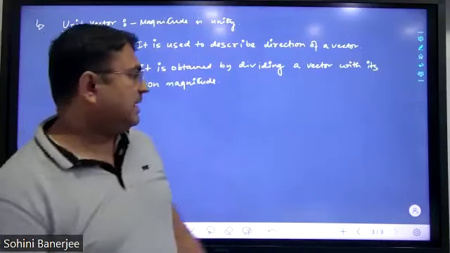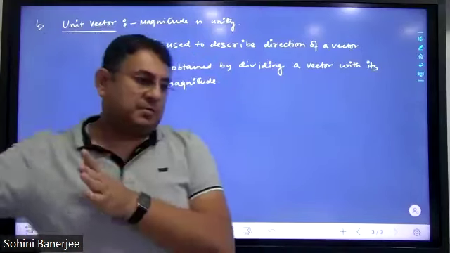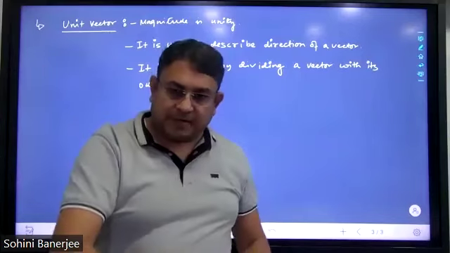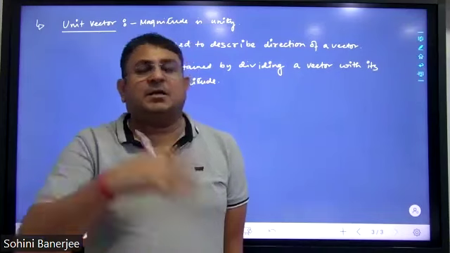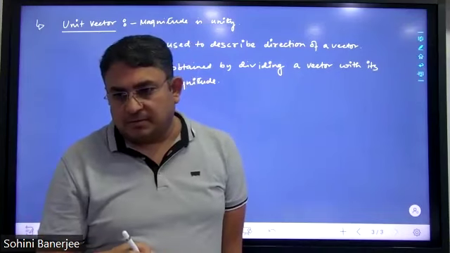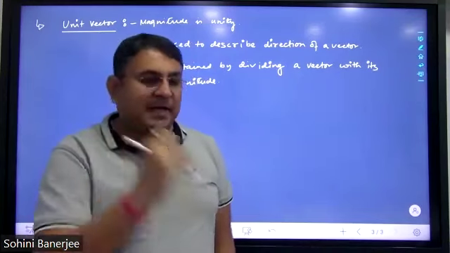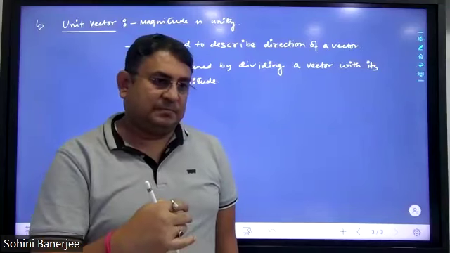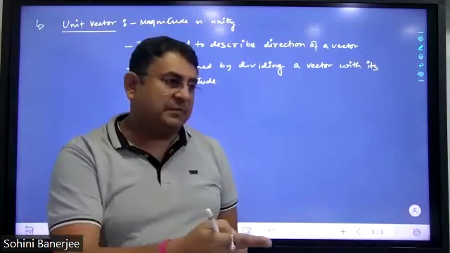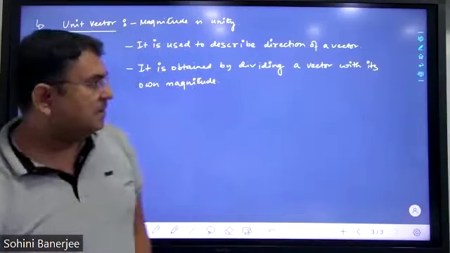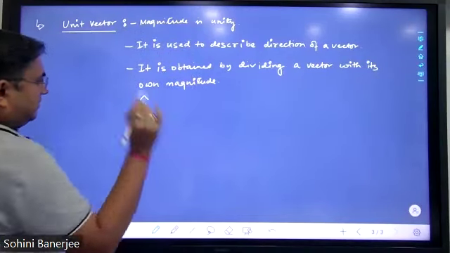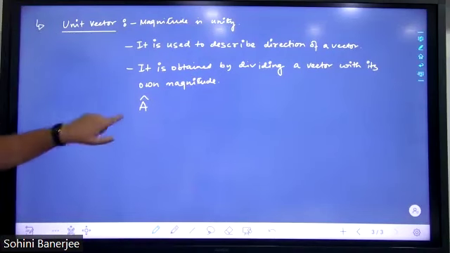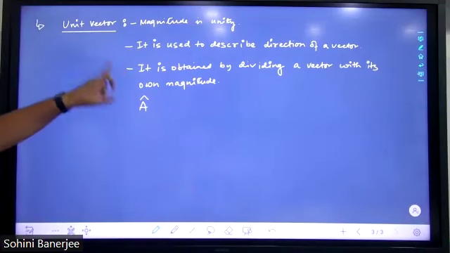Okay. Any vector, suppose 5 Newton force. If you divide it with 5, what do you get? 1 Newton. 100 Newton force divided by 100. So if you divide any vector with its magnitude, that gives you the unit vector for the given vector. So mathematically, how we write it? Any unit vector is written by a cap or a hat. We pronounce as a cap or a hat.